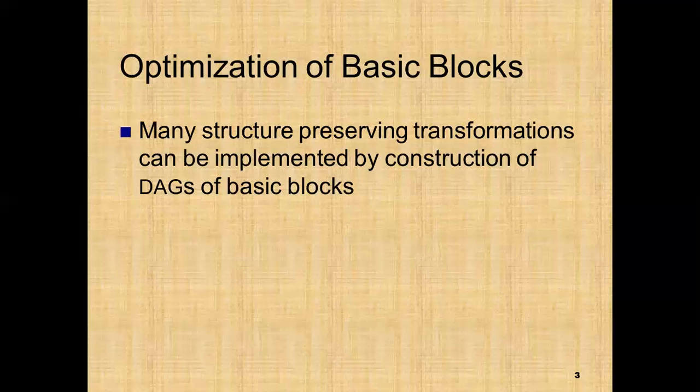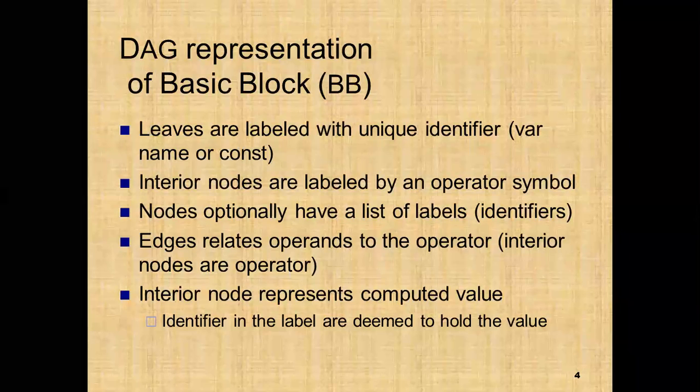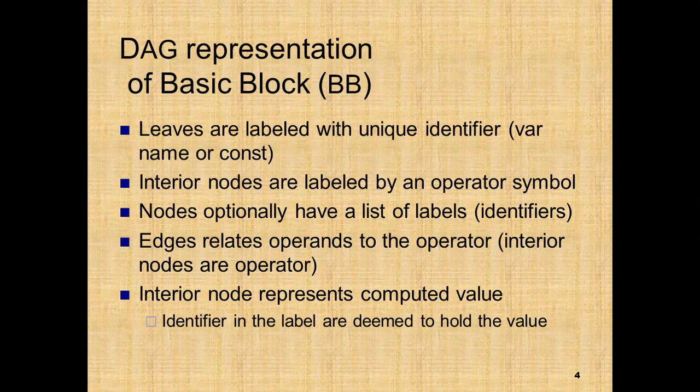Now we will use the DAG to optimize at the basic block. Now we can see what the criteria are, how we will define the DAG, and what the DAG representation at basic blocks is. The directed acyclic graph has a number of leaves, and those leaves we will label with a unique identifier.